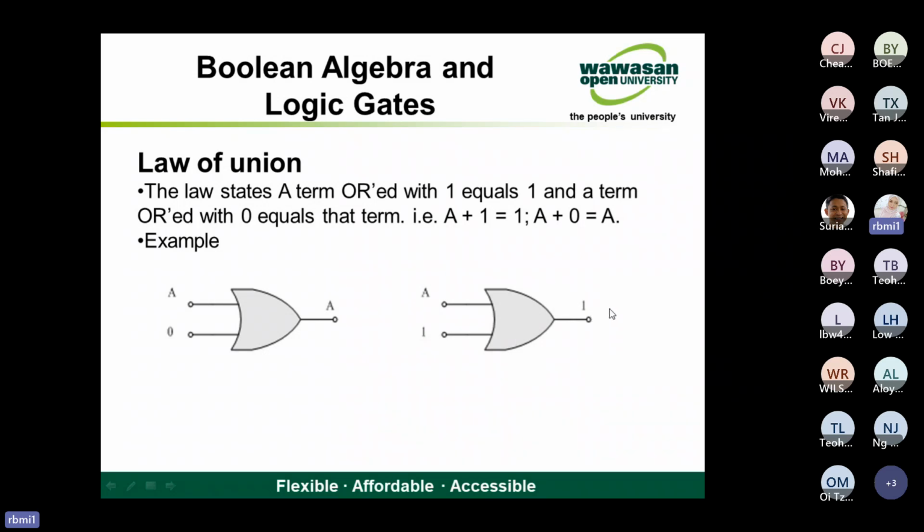Please remember that in Boolean algebra, the variables can only have two values, either 0 or 1. Since A can only be 1 or 0, we substitute for A. A plus 1 can either be 0 plus 1 or 1 plus 1. In either case, A plus 1 equals 1. So this is the law of union when implemented with logic gates, union of OR.